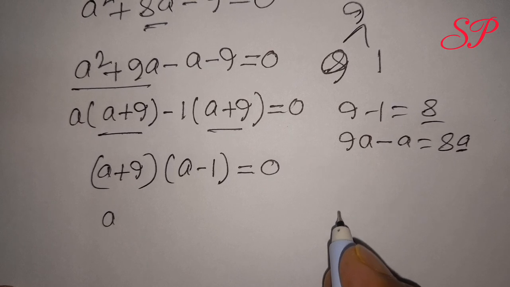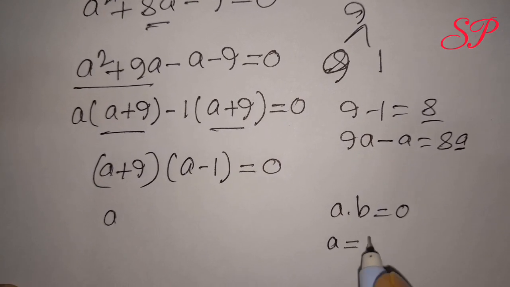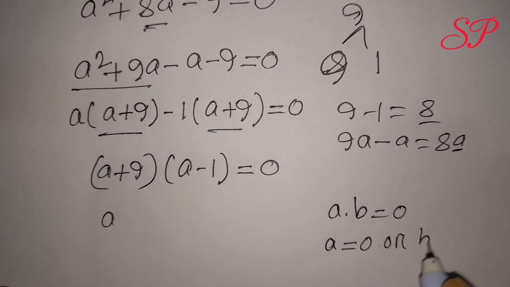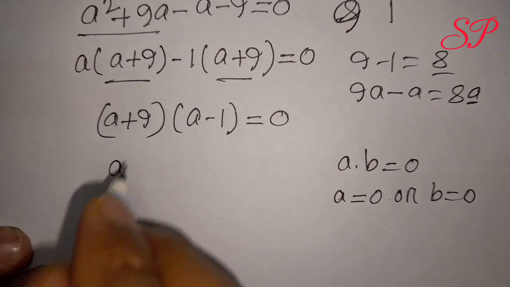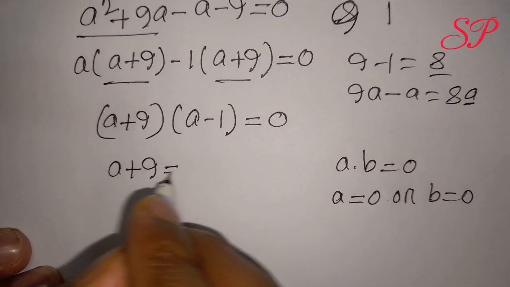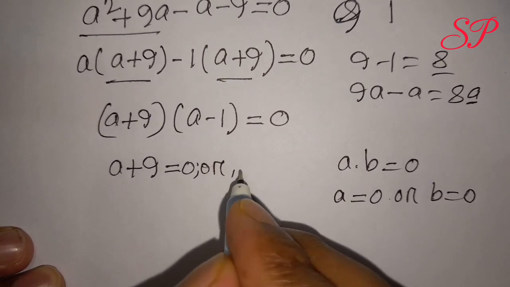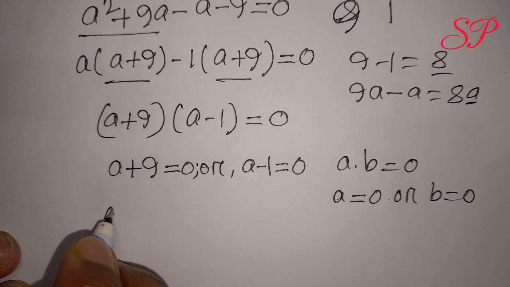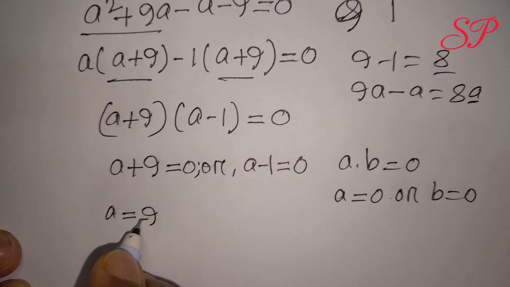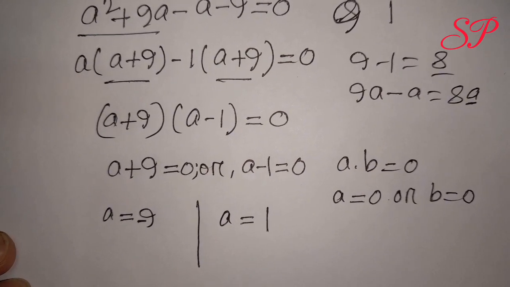And we know if a times b is equal to 0, then a equals 0 or b equals 0. According to this formula, a plus 9 is equal to 0 or a minus 1 is equal to 0. Then a is equal to minus 9 or a is equal to 1.